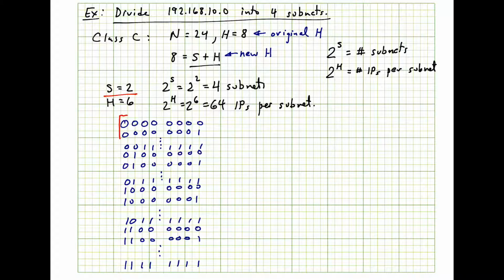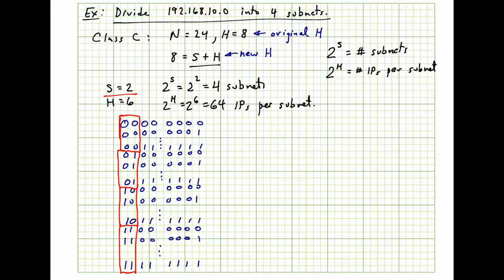So what you'll see here is that I've got some number of addresses with 2 zeros at the beginning. I've got some number of addresses with a 0, 1 at the beginning, some number of addresses with a 1, 0 at the beginning, and finally 1/4 of the addresses with a 1, 1 at the beginning.